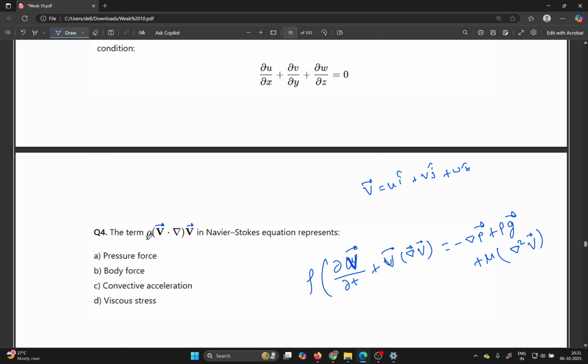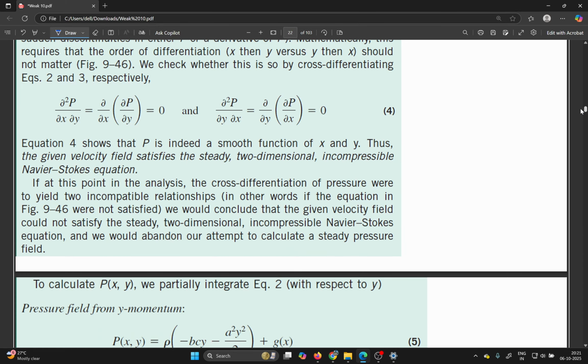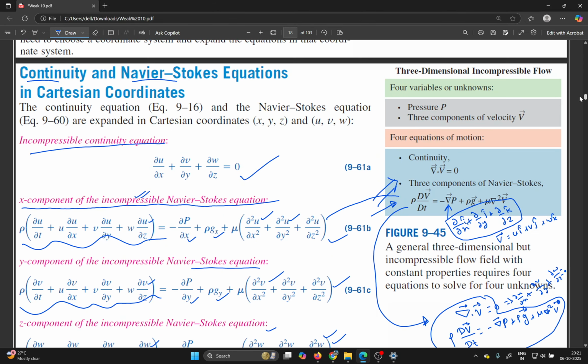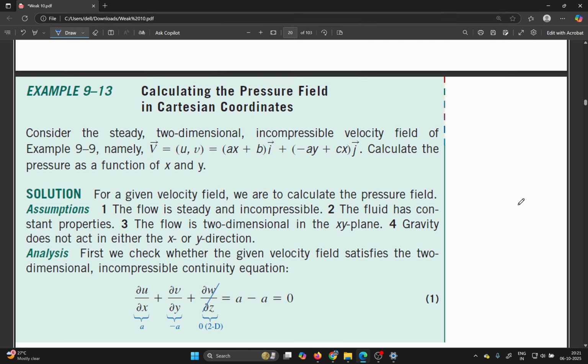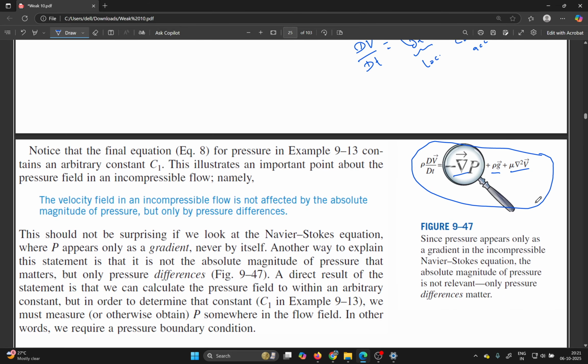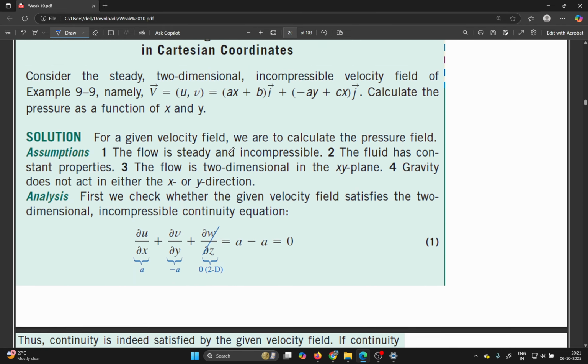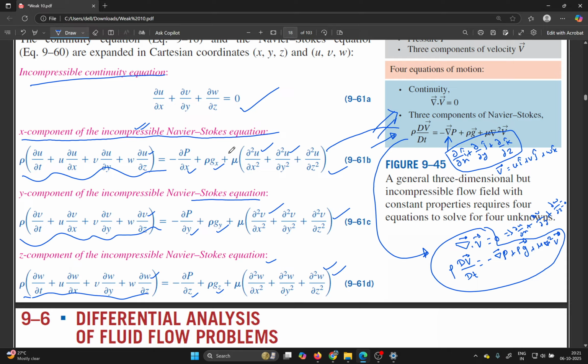But the question is asking about only this term. What will be the term? As I have discussed above in the very beginning, the equation, let me just show you. This is the equation, and here also we have discussed. And here in the explanatory way you can just see.